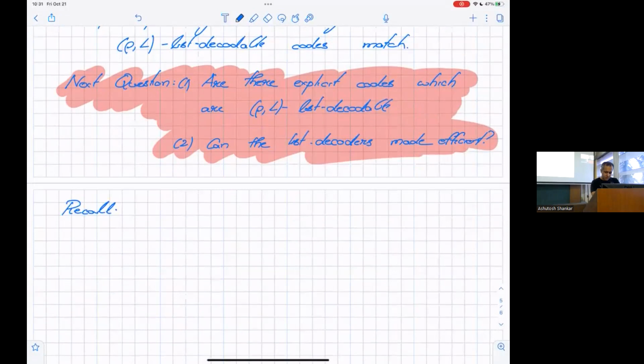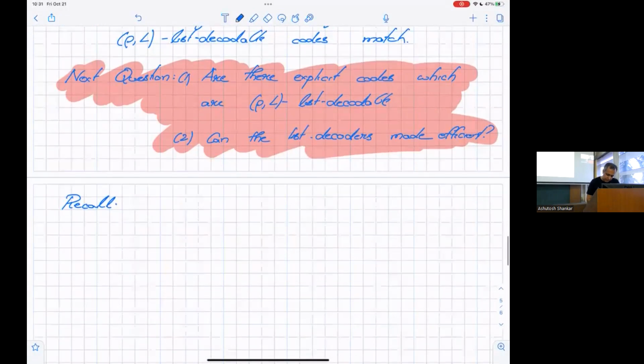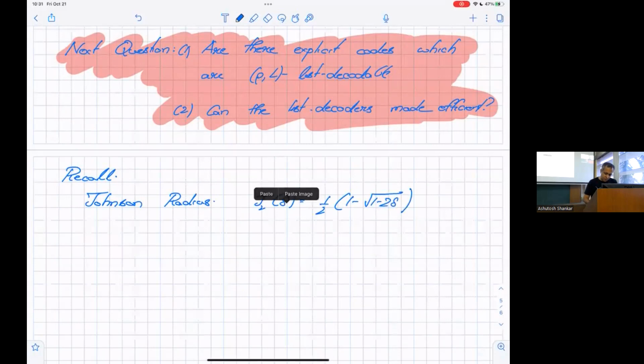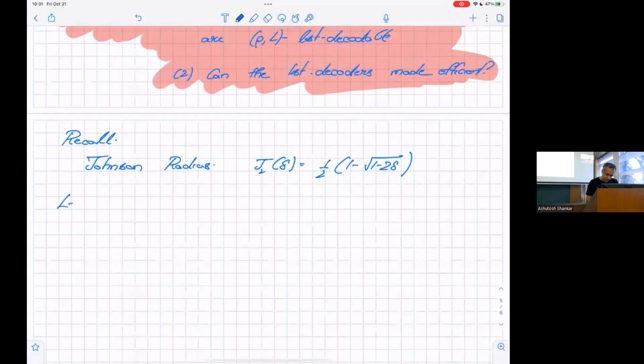We had defined something called the Johnson radius, J2 delta, and basically we had shown the following nice lemma.